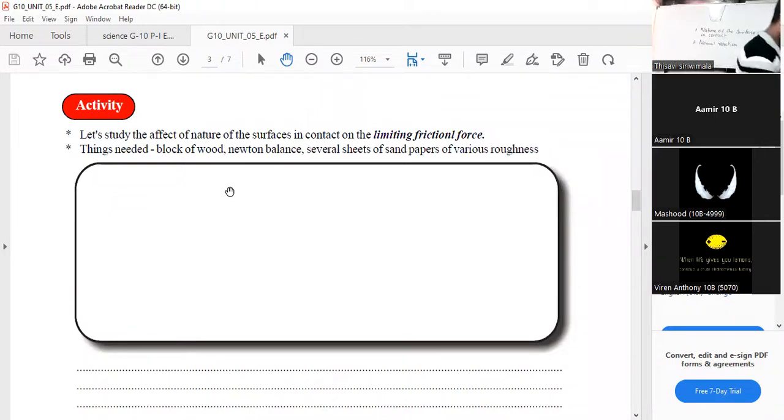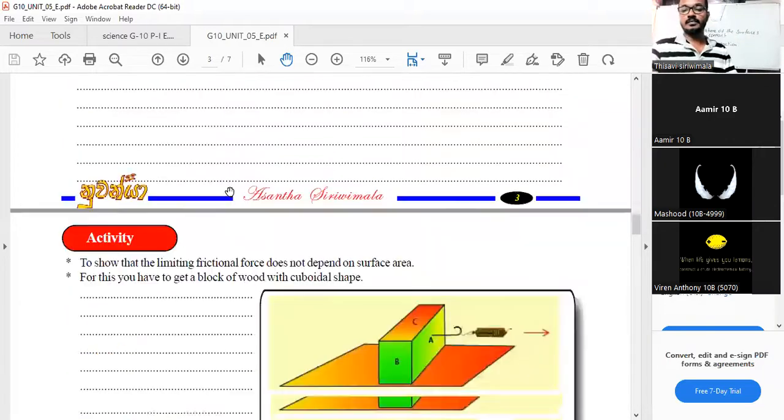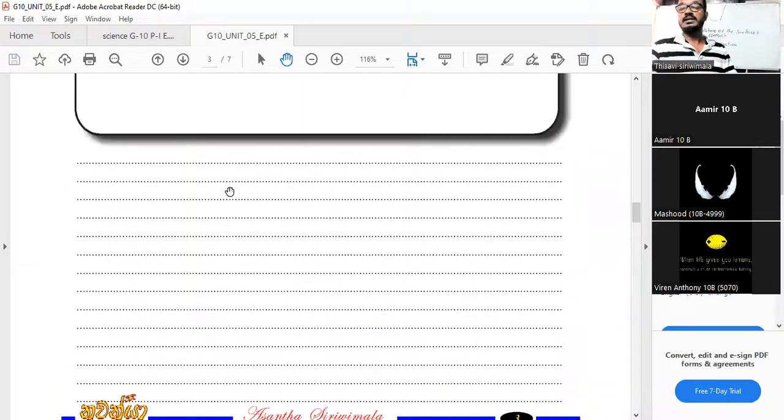We shall be doing from this place onward. This is page 3. In page 3 there is an activity we have to do. Okay, I think that's enough.